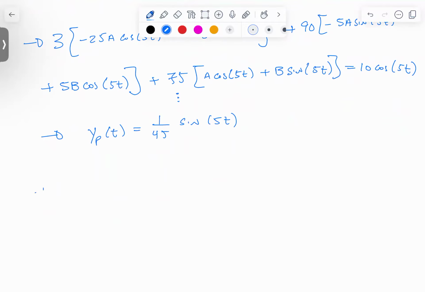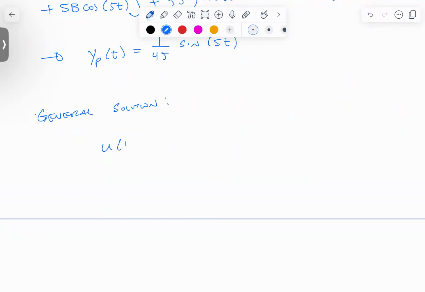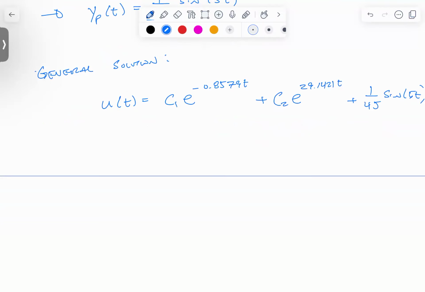All right, which gives us the general solution. Then we still need to solve for the initial conditions.